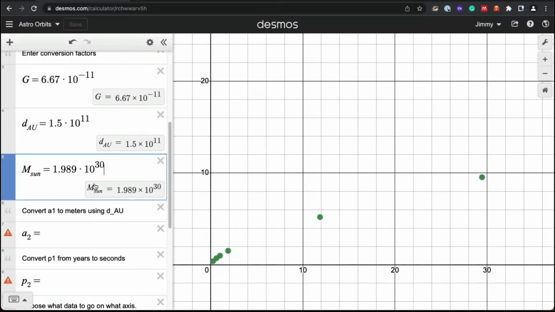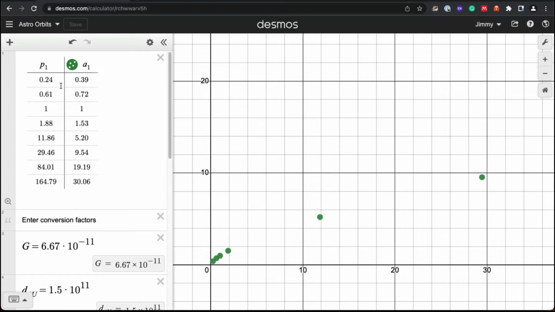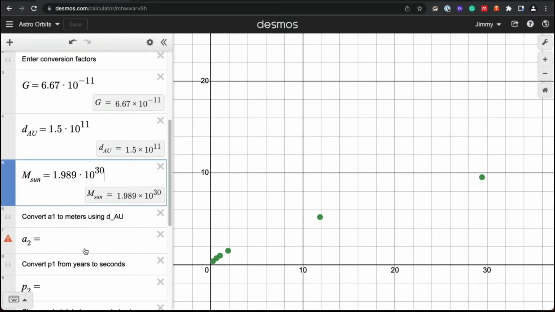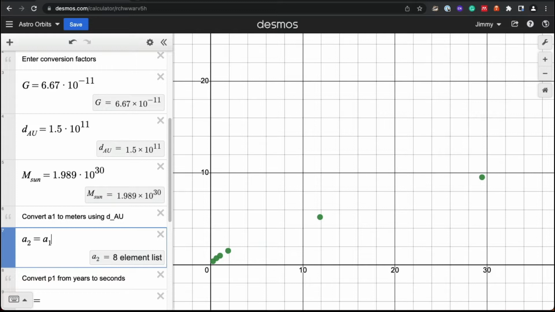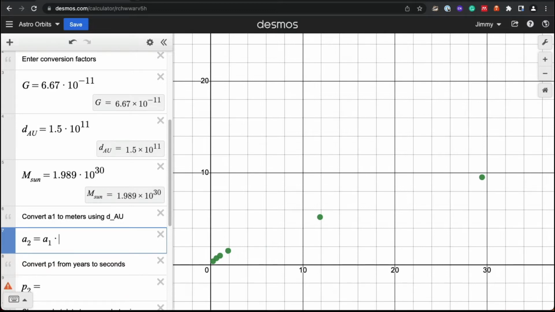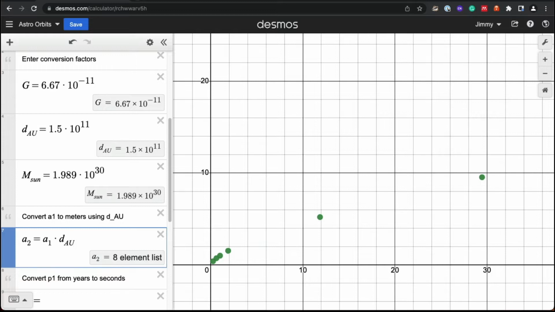The cool thing about this process is that column A1 and column P1 are lists, but on this one line I can take column A1, the distance measured in astronomical units, and multiply by D sub AU. If I multiplied any one of the numbers in that list by 1.5 times 10 to the 11th, I'd be converting that one distance from AUs into meters.